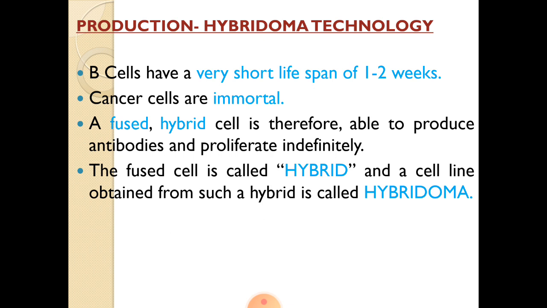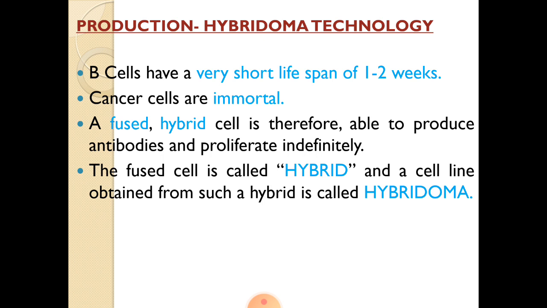Before getting into the details of the technology as such, we should understand one thing, that B cells have a very short lifespan of 1 to 2 weeks, and another piece of information, cancer cells are immortal, and therefore a fused hybrid cell is possible to produce, which will produce antibodies and proliferate indefinitely.